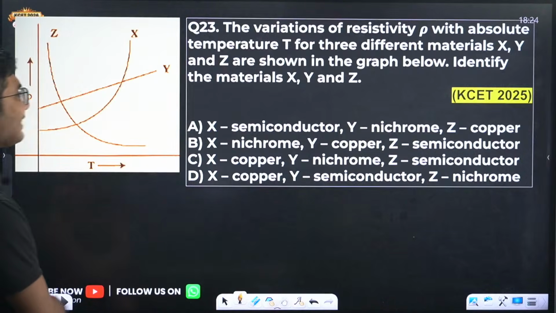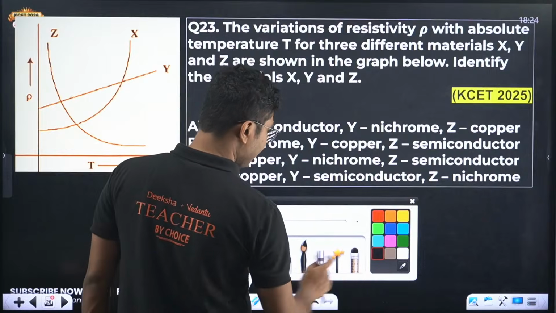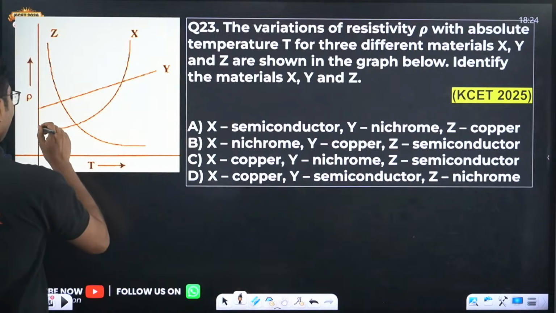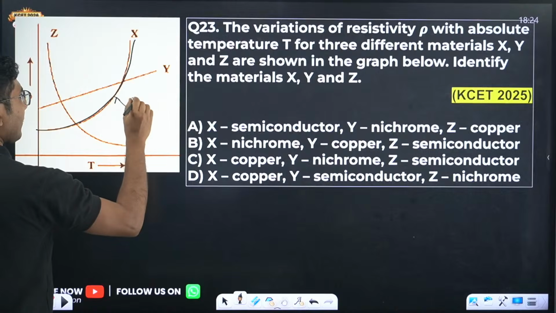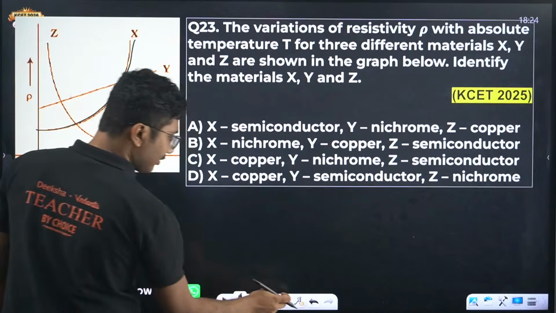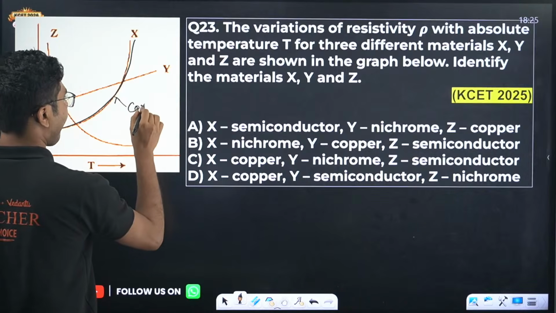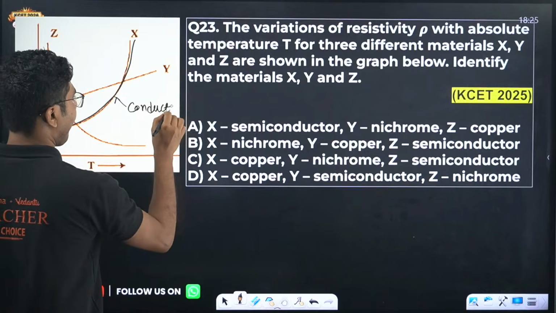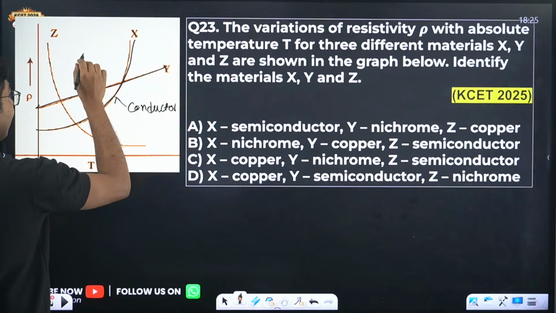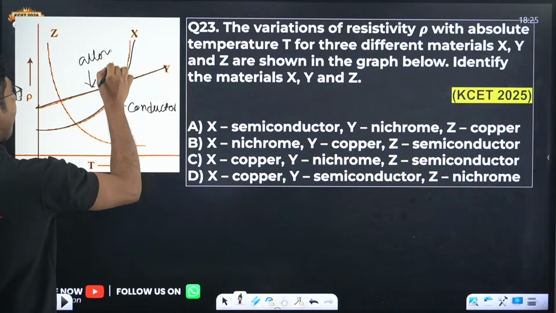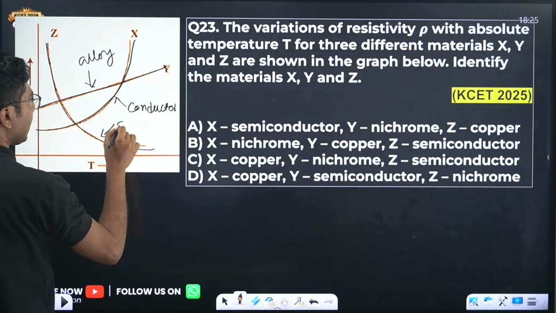Identify the materials X, Y and Z. Here with temperature the resistivity increases, so this must be a conductor. This one is almost constant, so this is an alloy. And here the resistivity decreases, so it must be a semiconductor.